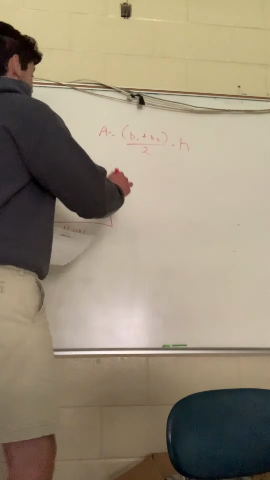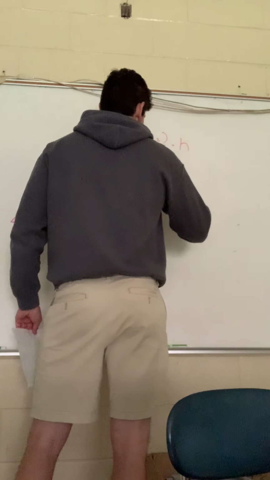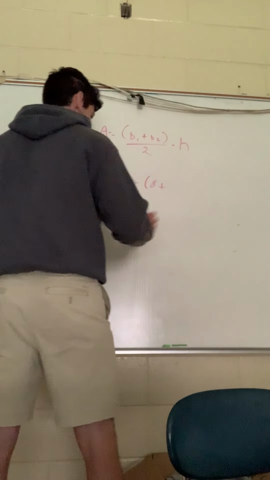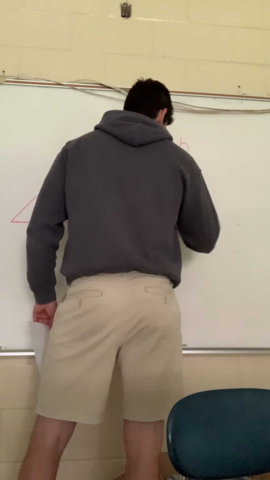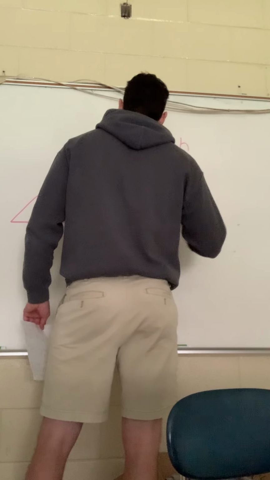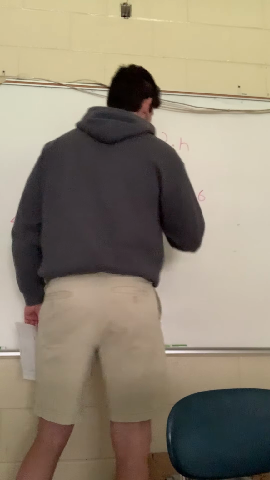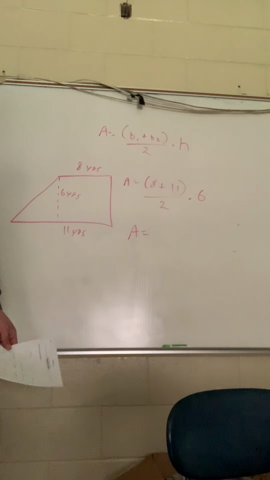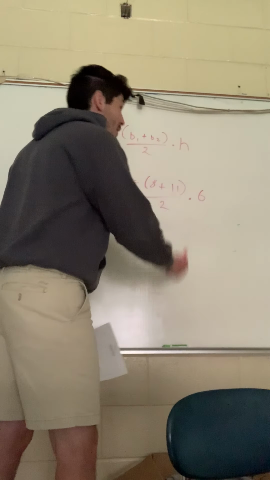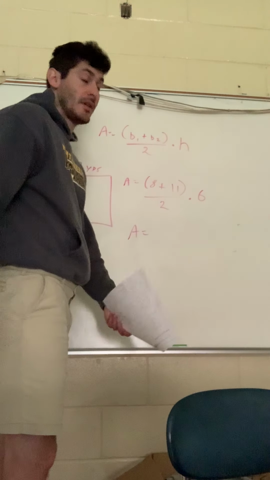So let's plug it in. 8 for my base 1 plus 11 for my base 2, everything divided by 2 and then times 6, which is my height. 8 plus 11, that's 19. 19 divided by 2 is 9.5, and 9.5 times 6 will give you 57.